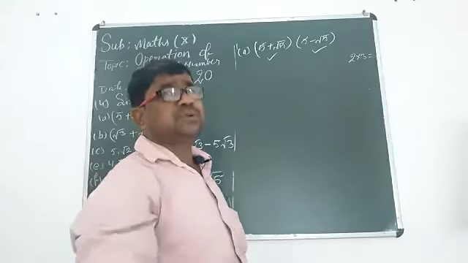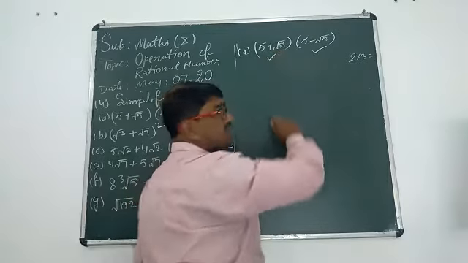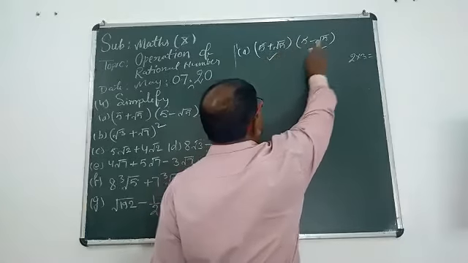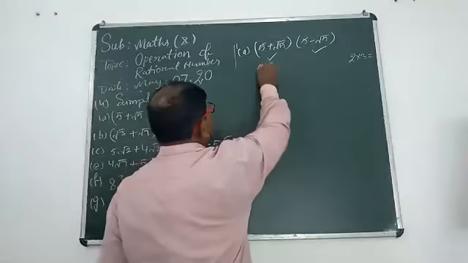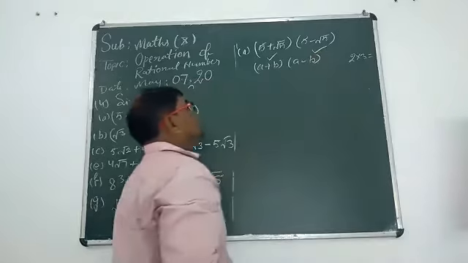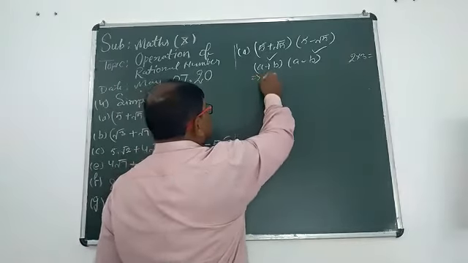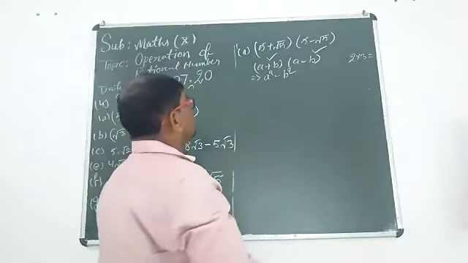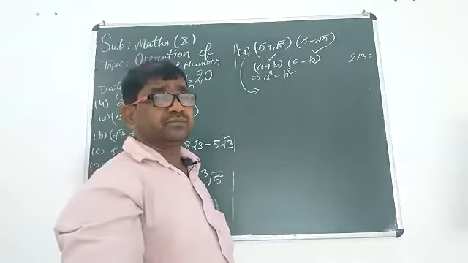So we should go into algebra also. Suppose the first term is A, the second term is B. So we can apply the identity A plus B into A minus B. You should always go in the extended method. The identity is A square minus B square. You have learned it before. Now, how can you do these sums? You can do it yourself.